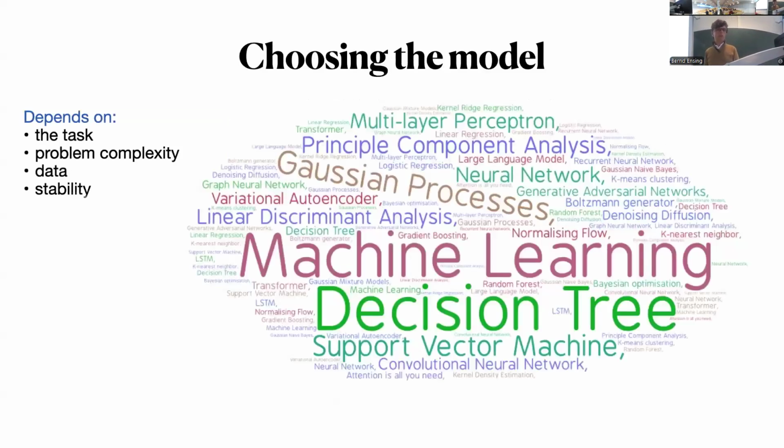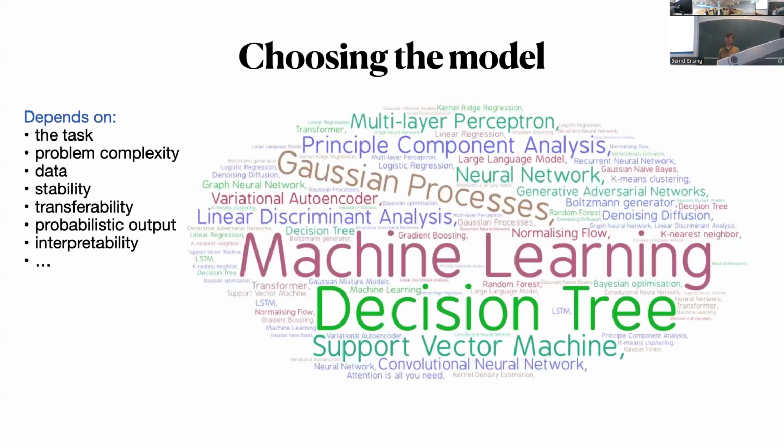So how about choosing the model? Well, it's very difficult to say something general about it because, first of all, there's a ton of models. There's a whole zoo out there of different machine learning models. So it depends, of course, on the task. What do you want to do? Supervised learning, unsupervised learning, etc. But also about the problem. How complex is the problem? And so how complex a model do you need?